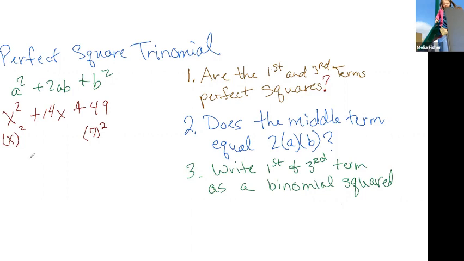So we need to check for step 2: 2 times x times 7 equals 14x, right? Yeah, so that does work. So then our step 3, which is just to write it out, is going to be x plus 7 squared.